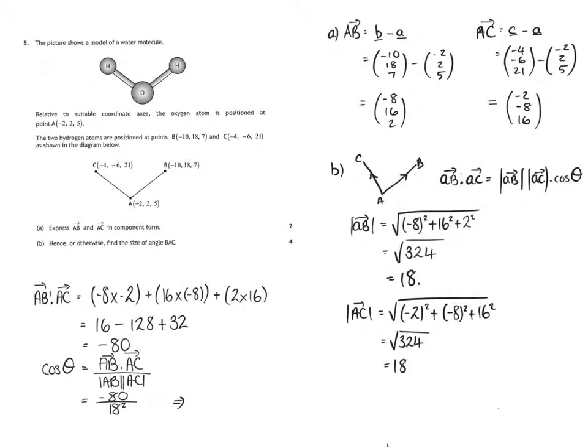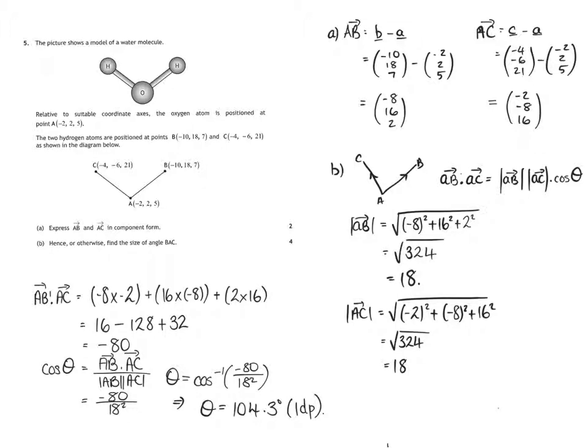So therefore we're going to have cos to the minus 1 of minus 80 over 18 squared, and that is going to give us our theta, our angle. So our angle is in fact 104.3 degrees to 1 decimal place.